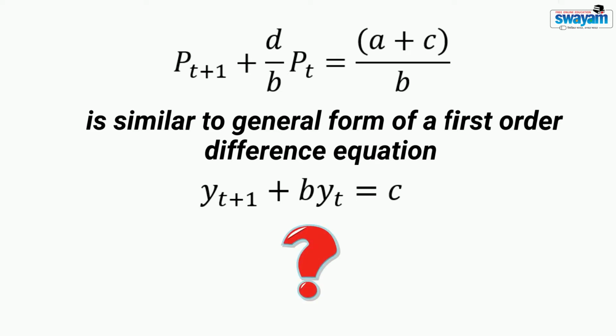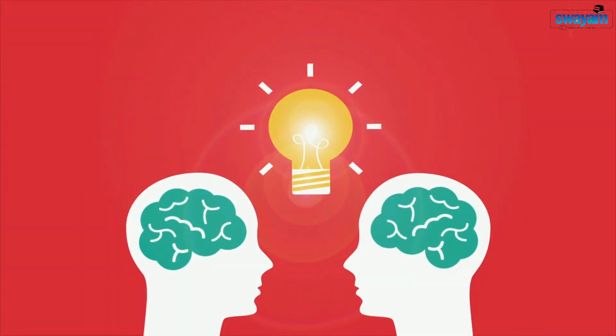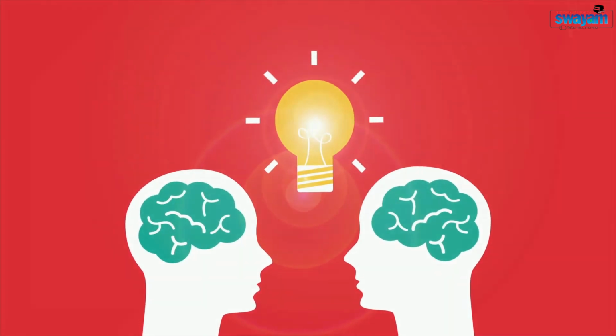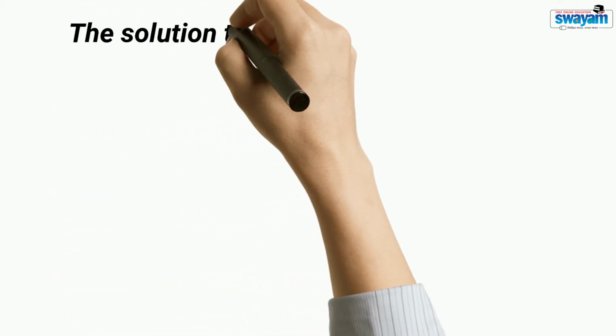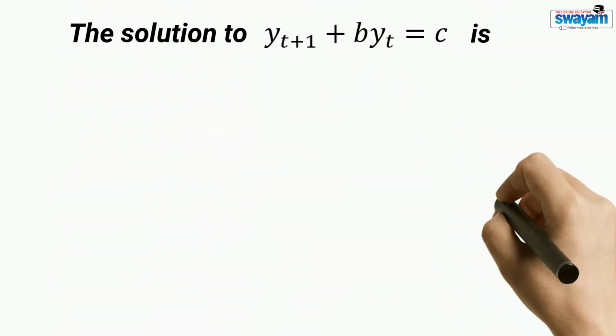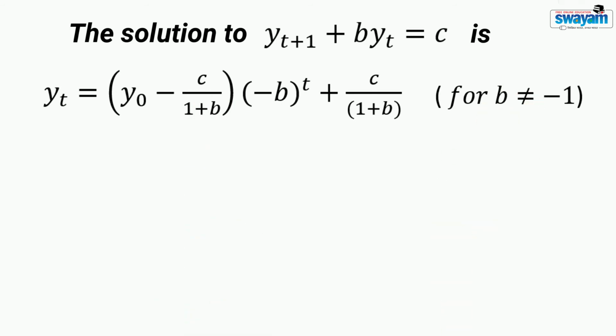Do you remember the solution to a first order difference equation? The solution to the first order difference equation is given like this. Using this solution, we can write the solution for the market model.